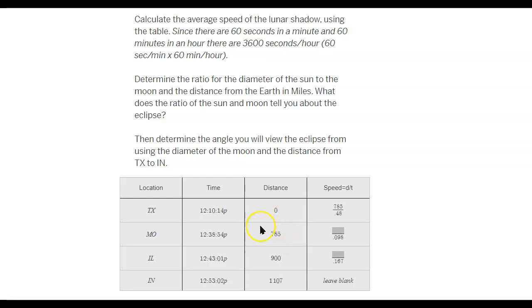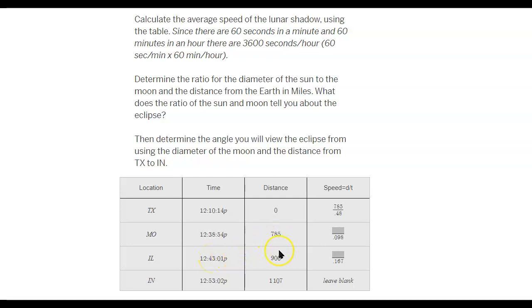So we're going to take this distance and divide it by the time. Notice that from 12:10 to 12:38, that's 0.48 seconds.